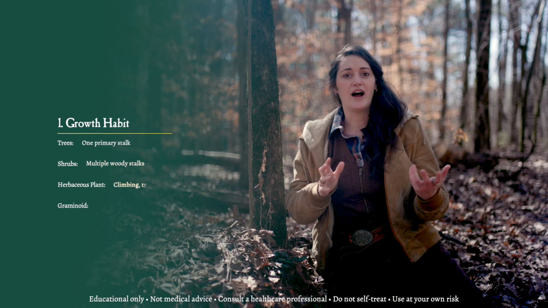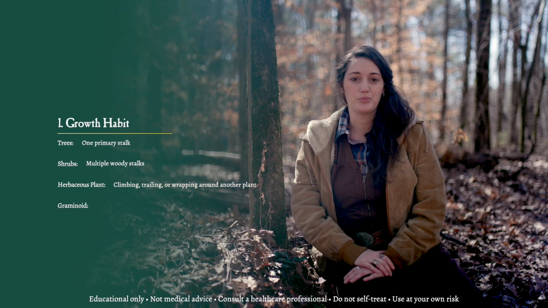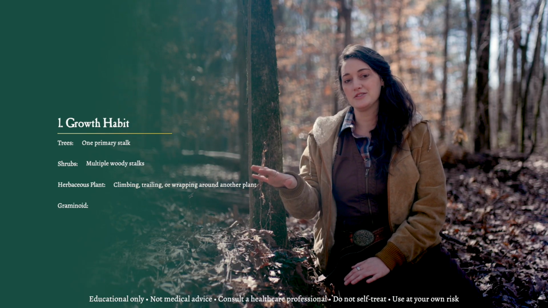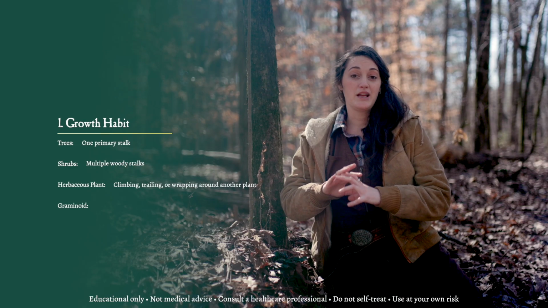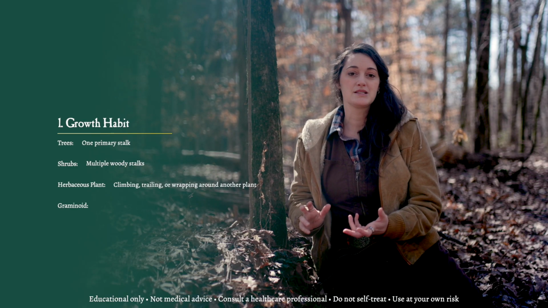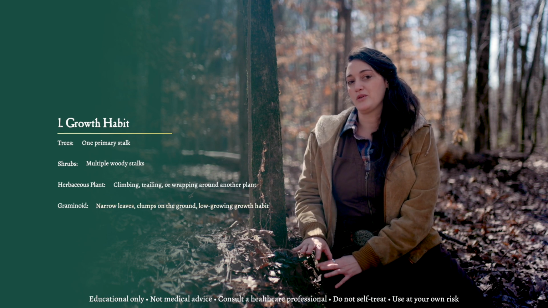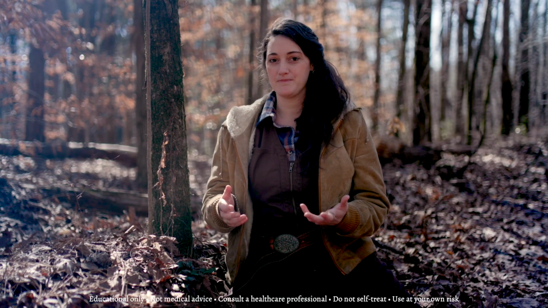And then if it's a vine, we see it climbing or trailing or wrapping itself around another plant or creeping along the ground. We also have a category of plant growth habits that are grass-like, so those are graminoids, and they have narrow leaves, they're often in clumps, and they have a low-growing growth habit. The architecture of the growth habit really matters in learning to identify plants.